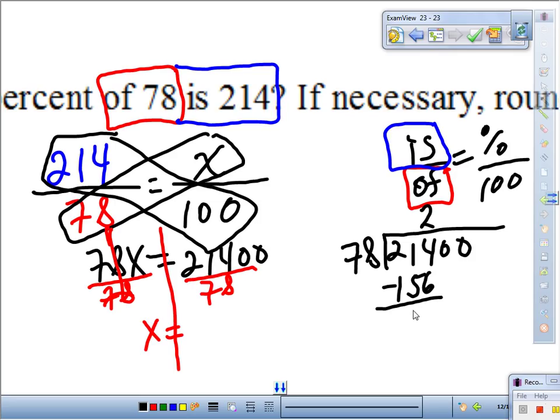So this is 58. Bring down the 0. How many times does 78 fit into 580? 7. 7 times 8, that's 56. I got 5. 7 times 7, 49, plus 5, that's 54. Subtract, that gives us 34.